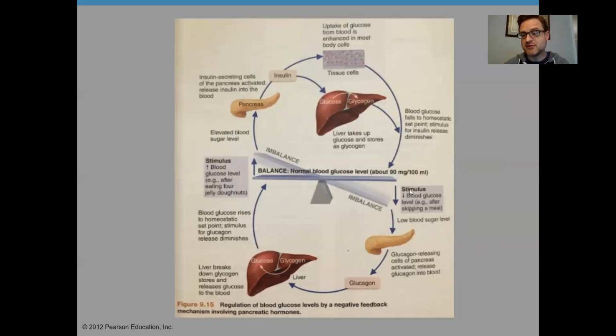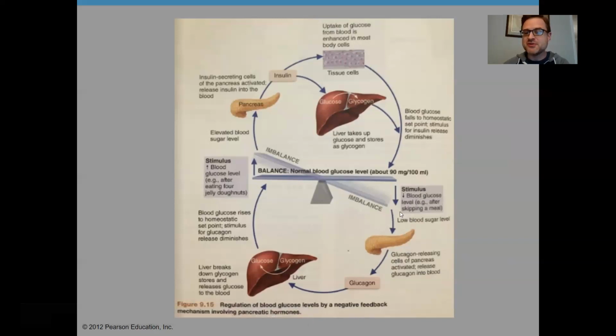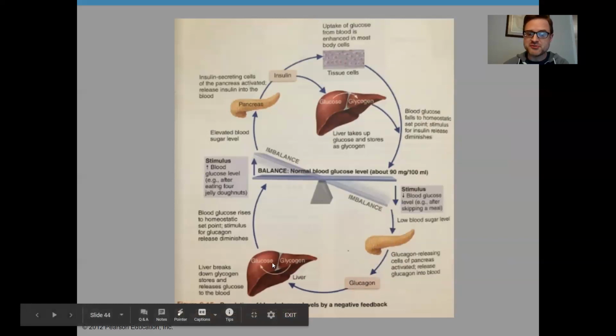Okay, so let's say that you skipped a meal and that your sugar levels are crashing. What's going to happen? So you skipped a meal, your blood sugar is low, your pancreas secretes glucagon, which, look what happens here.